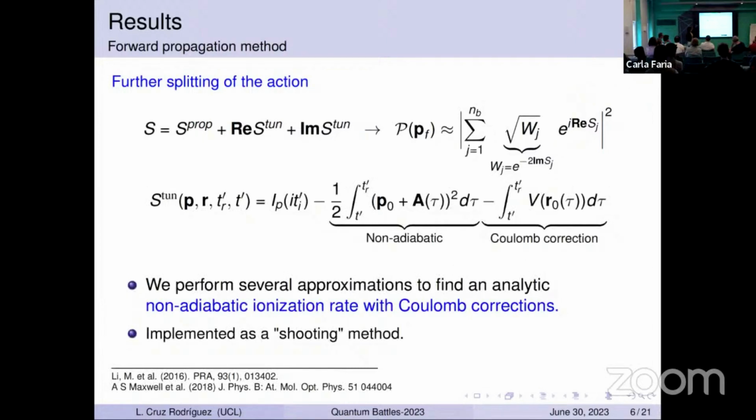And this leads us to one term, which is a non-adiabatic part of the rate, which has been already published here, and one correction that we get analytically doing some approximations that were already proposed by Andy in this work, and we get something that we call a non-adiabatic Coulomb-corrected ionization. And we then implement the forward version of the CQSFA, if you want.